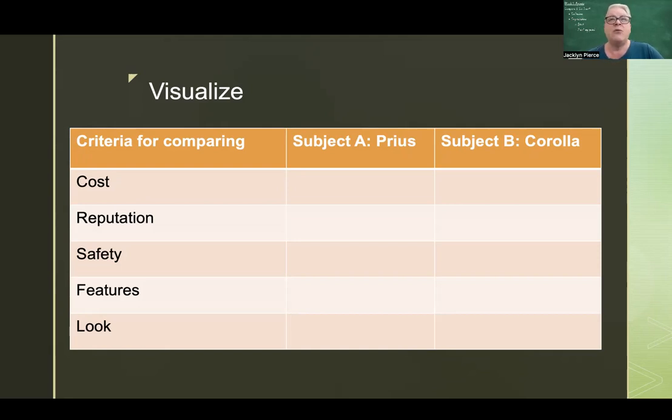Features. If I were car shopping, I can go on the Toyota website or whatever maker it is, and I'm going to find charts that show me those features. If you've ever shopped for, say, a computer, you may have utilized this kind of thing on a company's website. For example, I almost always buy my computers from Best Buy because I want to be able to take them to a place and go, here, fix this.